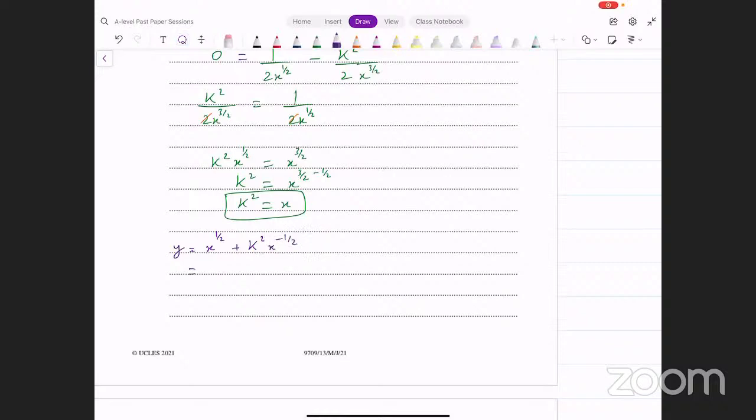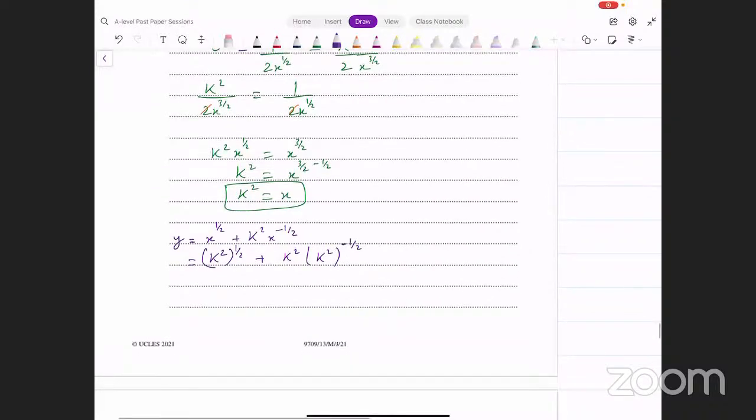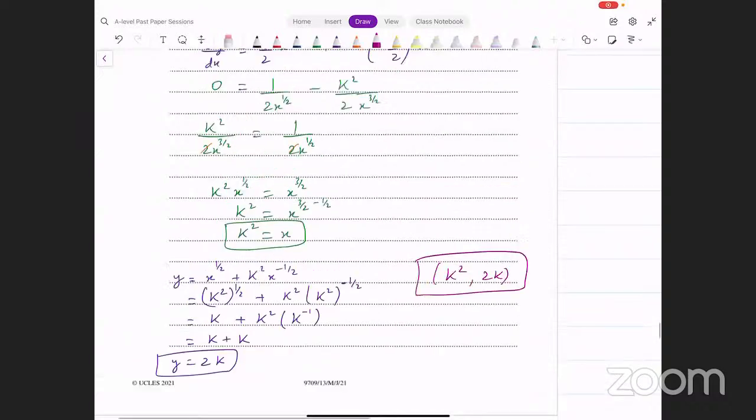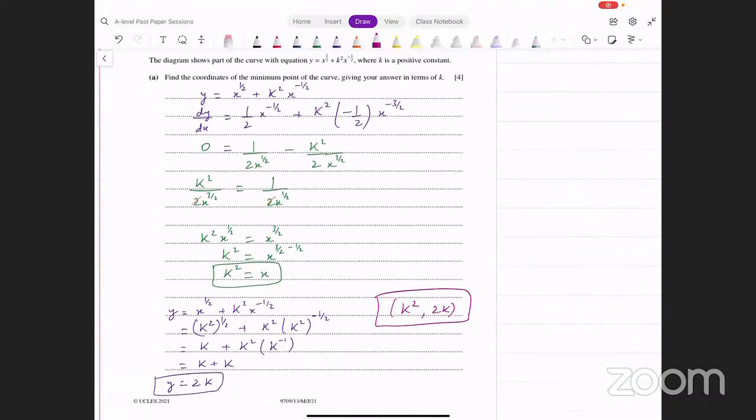Let's do that, that gives us k square whole raised to power 1/2 plus k square into k square whole raised to power minus 1/2. ठीक है, ये क्या मिला, k plus k square into k raised to power -1, ये क्या हो गया, k plus k, and that gives us 2 times k, y equals 2 times k. What are the coordinates now, the coordinates are therefore k square and 2k, these are the coordinates of the point that we were looking for, your turning point के coordinates आ गए हमारे पास.